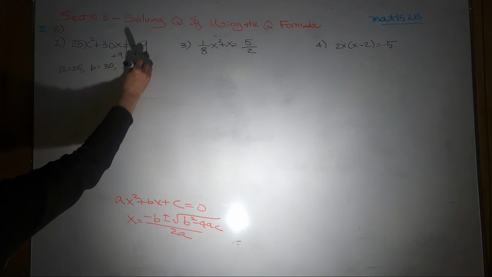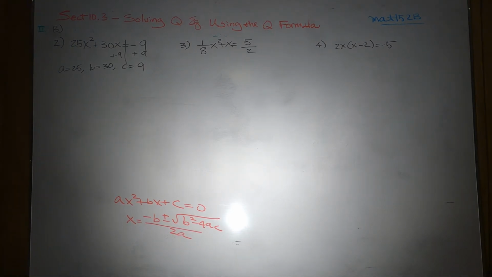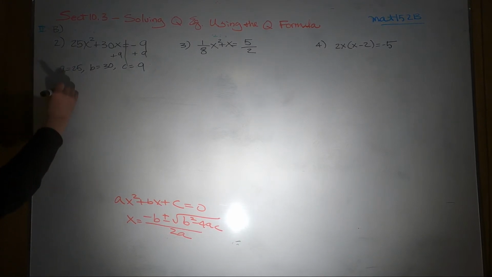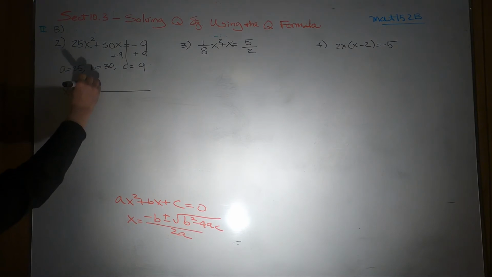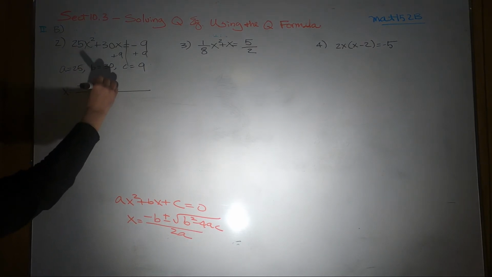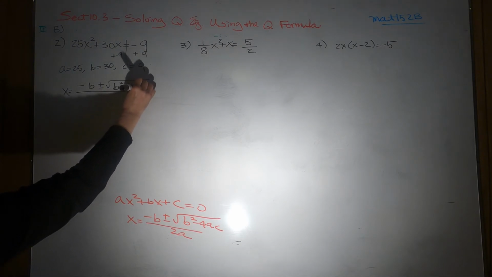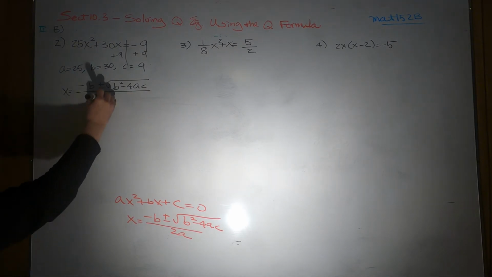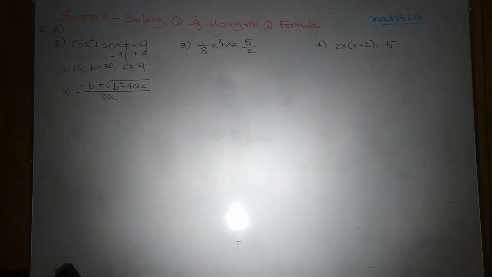What's your c? 9. Right? So we say the answer x should be negative b plus minus the square root of b squared minus 4ac, over 2a. Right?